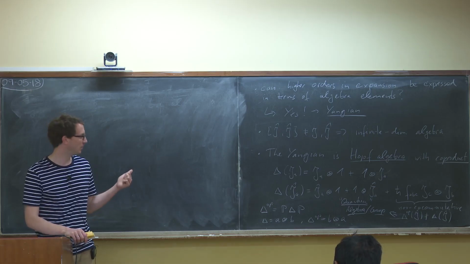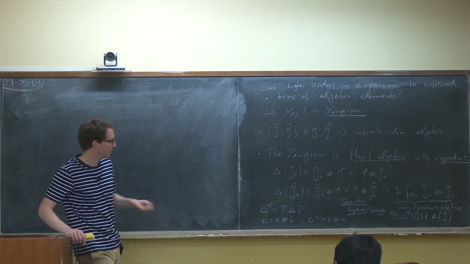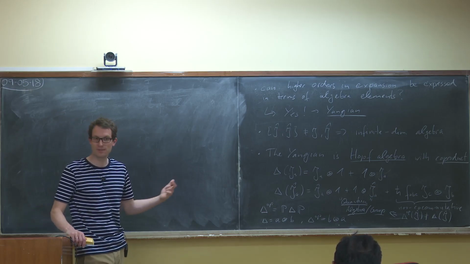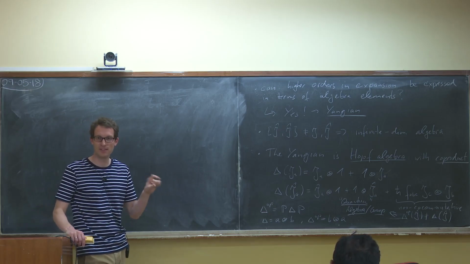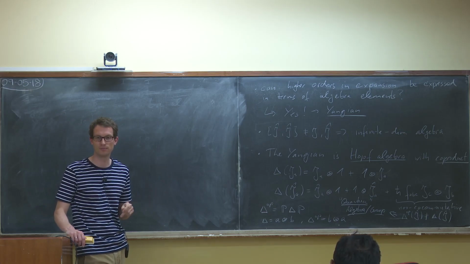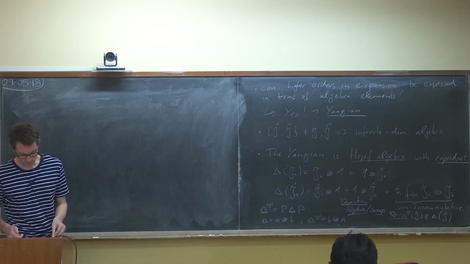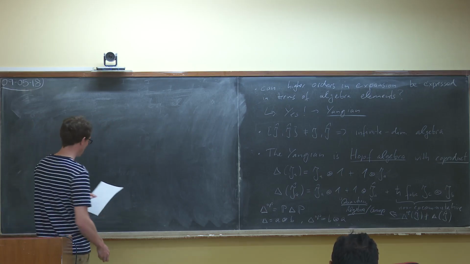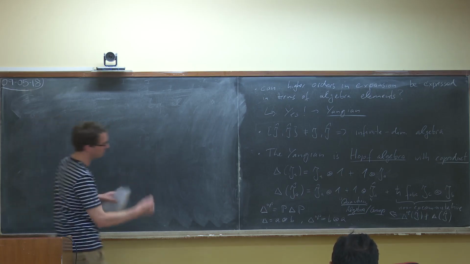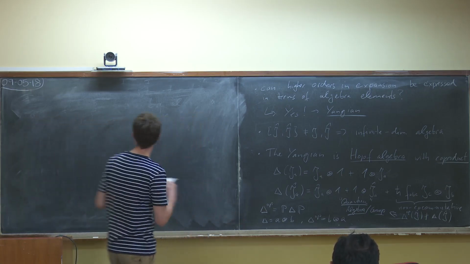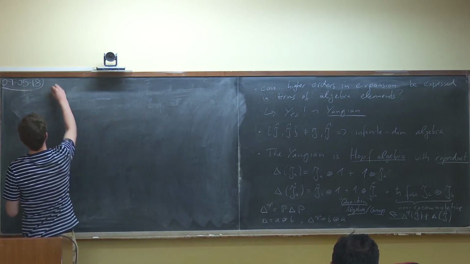But if you act with, or for the S matrix, let's say, if you include the constraints of the Yangian, then this will fix the relative coefficient between the two.